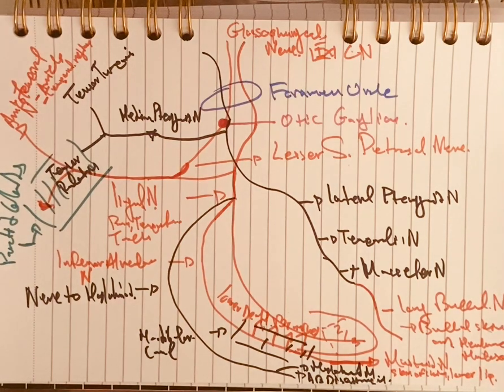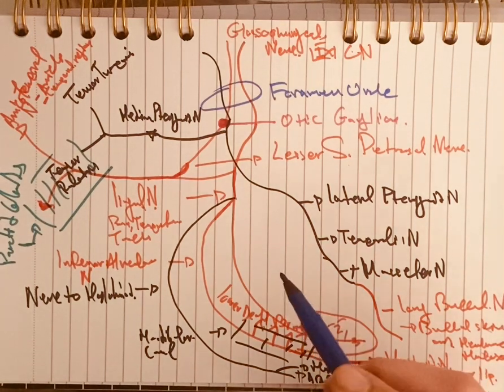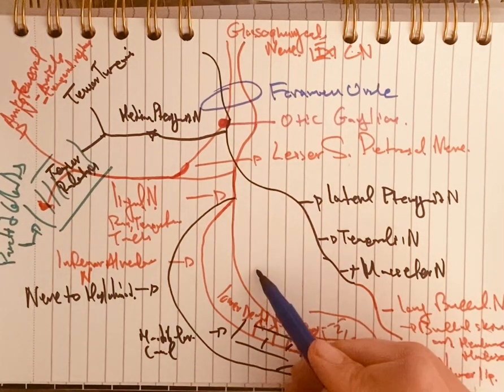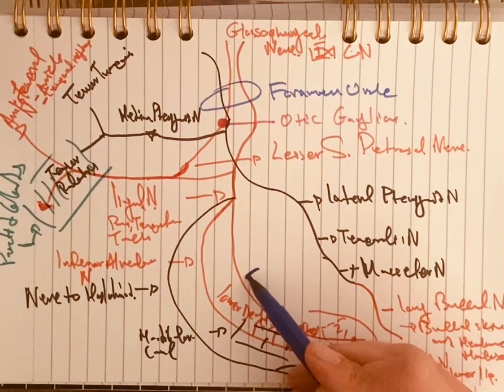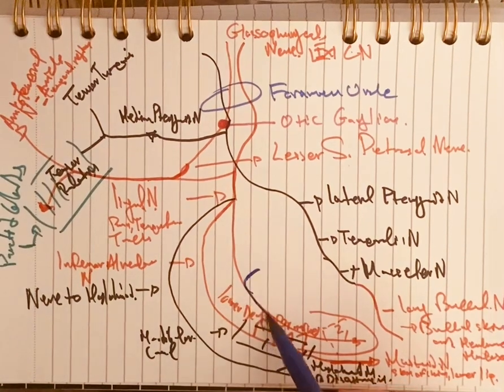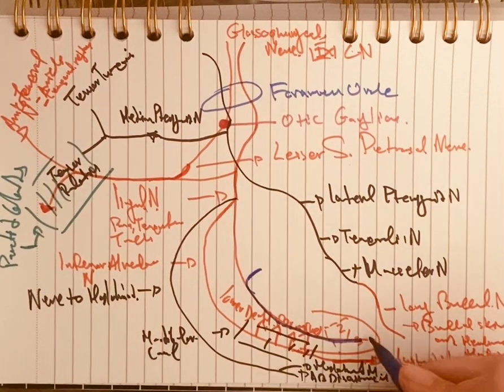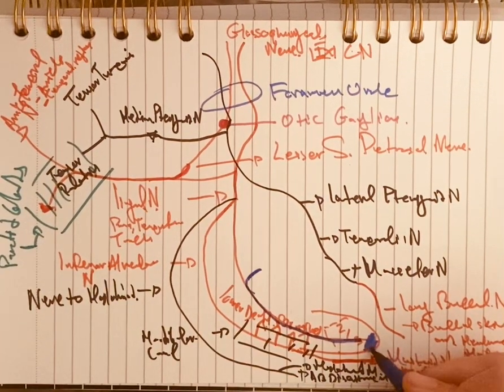Last but not least, I will take the blue color in order to make it more obvious. There is a branch here that says hi to the lingual nerve and innervates the tip of the tongue here.